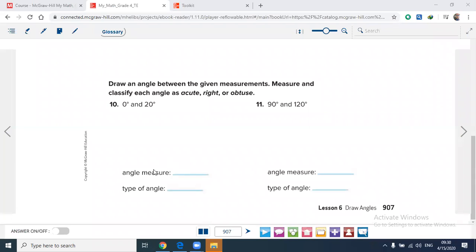But I have to write here the angle with the measure you choose, which degree between 0 and 20. I can write, for example, 15, 17, as you like. For example, I will write 17 here.